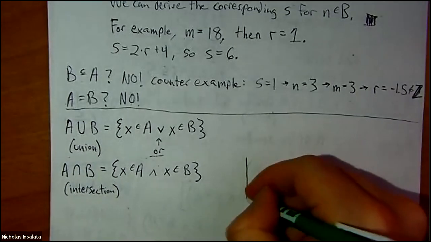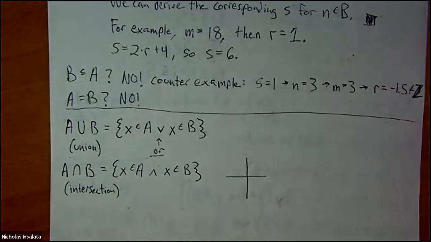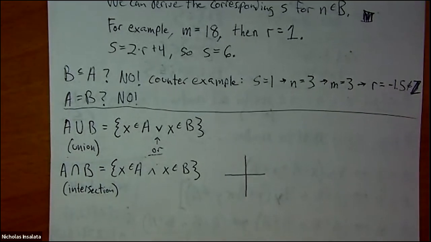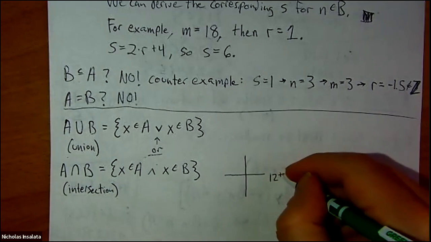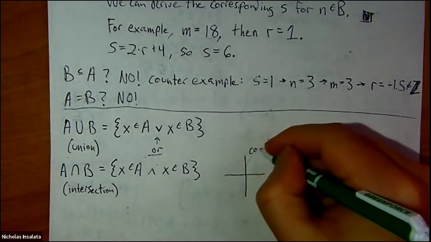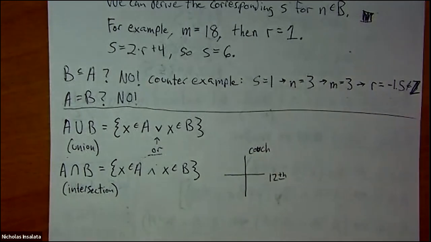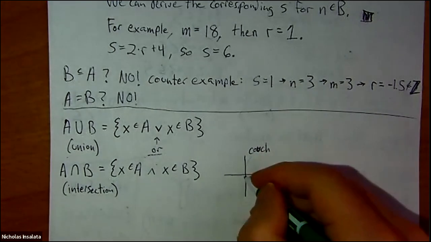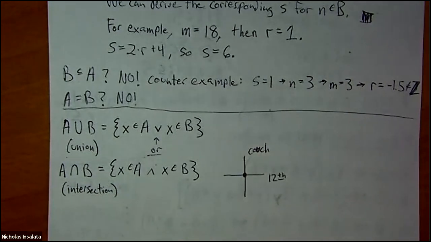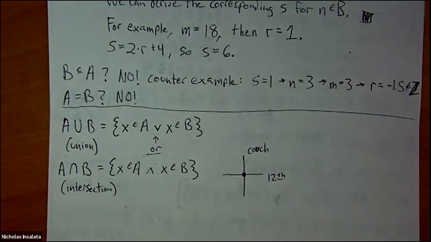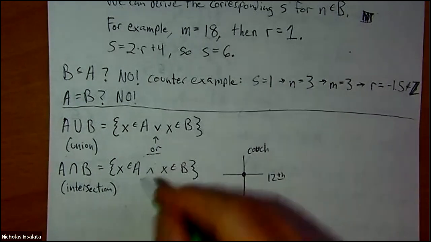What about an intersection? Well, usually when we talk about an intersection, we talk about an intersection of streets. Like I could be at the intersection of 12th and Couch, right? And if I'm at the intersection of 12th and Couch, that means I'm on 12th Street and I'm on Couch Street.